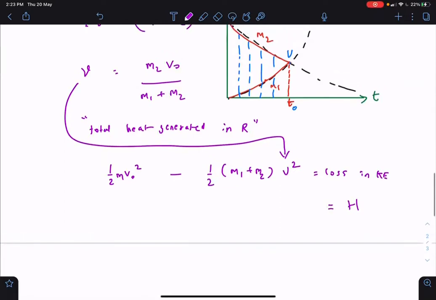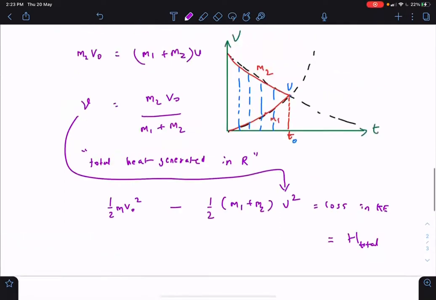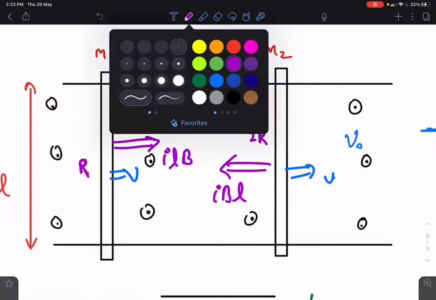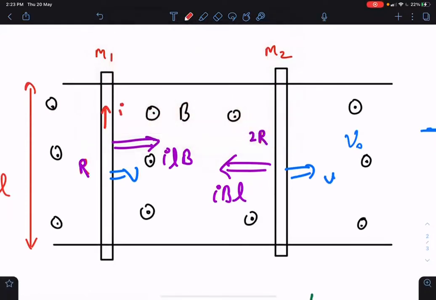Now, heat total. Heat generated will be in the ratio of the resistances because the same current is there. If the same current I is going to flow, heat generated per unit time is I square R. Because the resistances are R and 2R, heat generated per unit time is like X and 2X. So total heat generated will be like H and 2H.